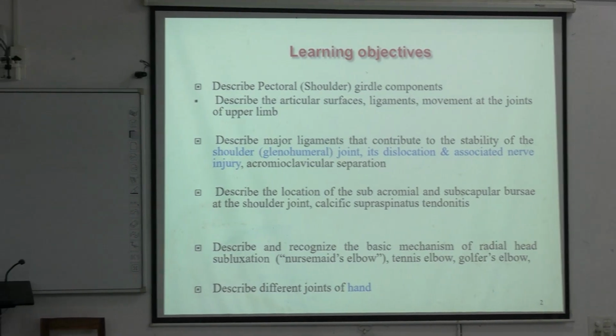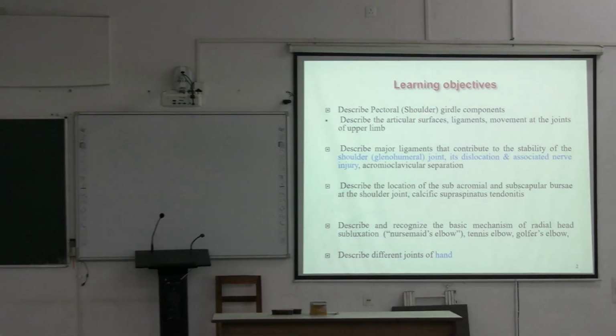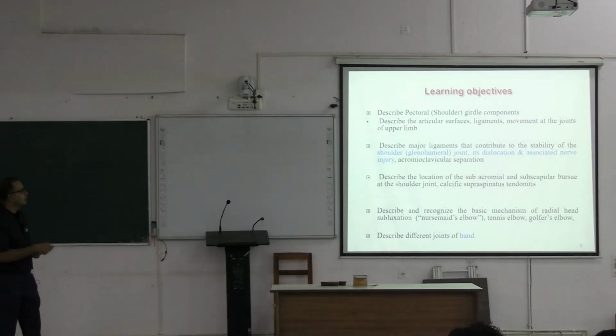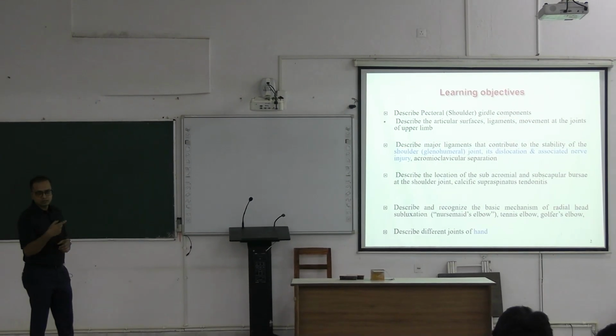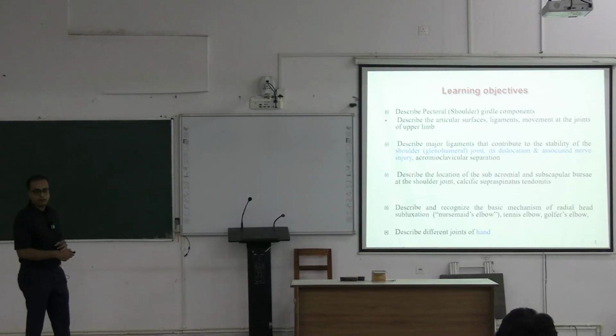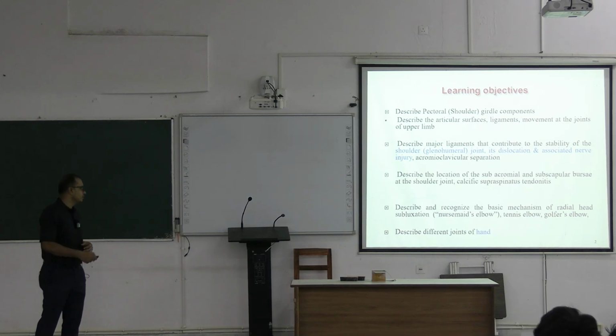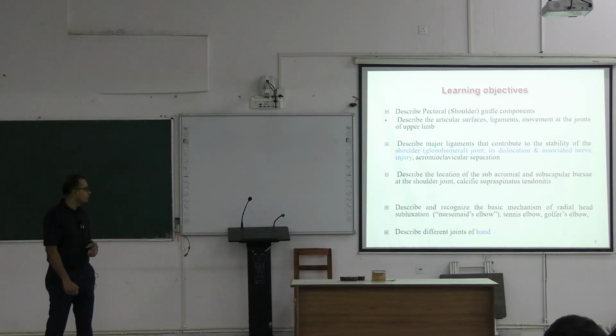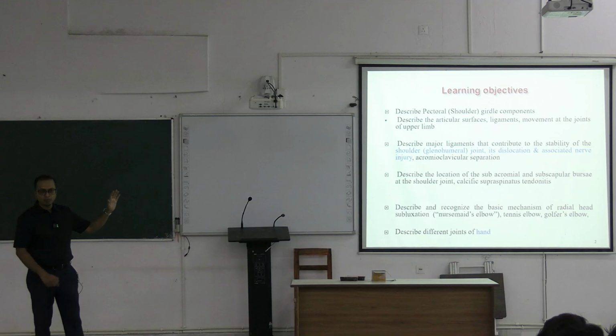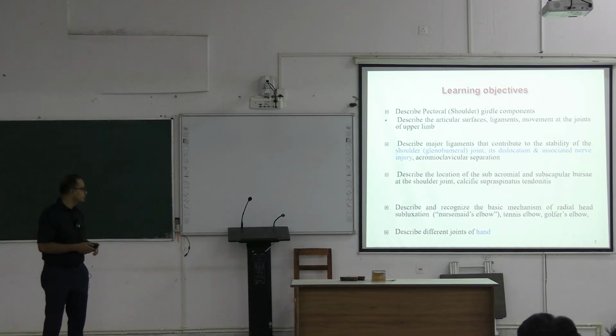So, we have these topics to cover in this pectoral girdle: components of it and joints, what are the bones forming it, what are the binding factors holding this joint in place, what are the movements relevant to that joint and to this upper limb, etc. And our main emphasis will be on the glenohumeral part of the shoulder joint of this pectoral girdle region, and the clinical problems related to it, which come to us very frequently as clinical questions.